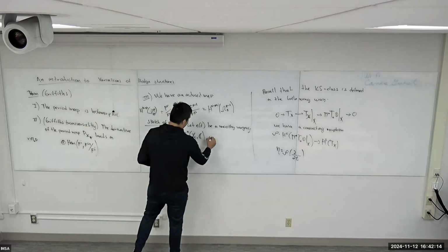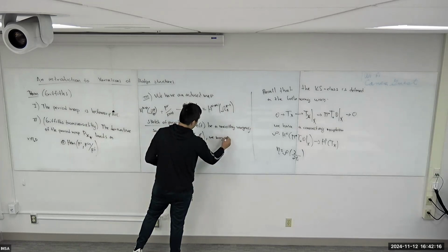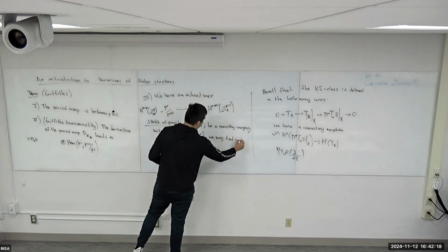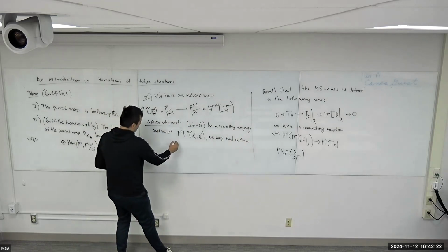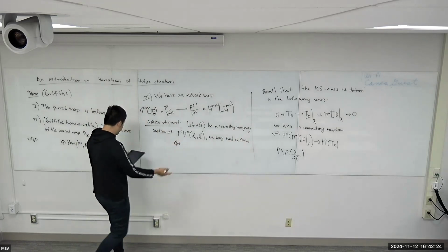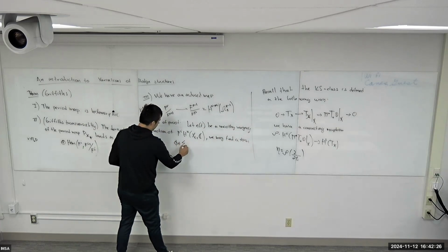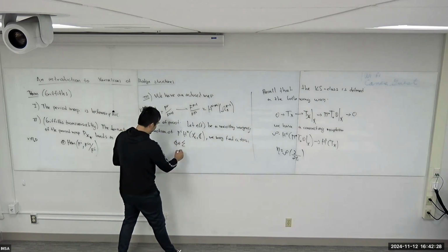So actually we may find a form Vn. So let me just write the definition of this Fi.